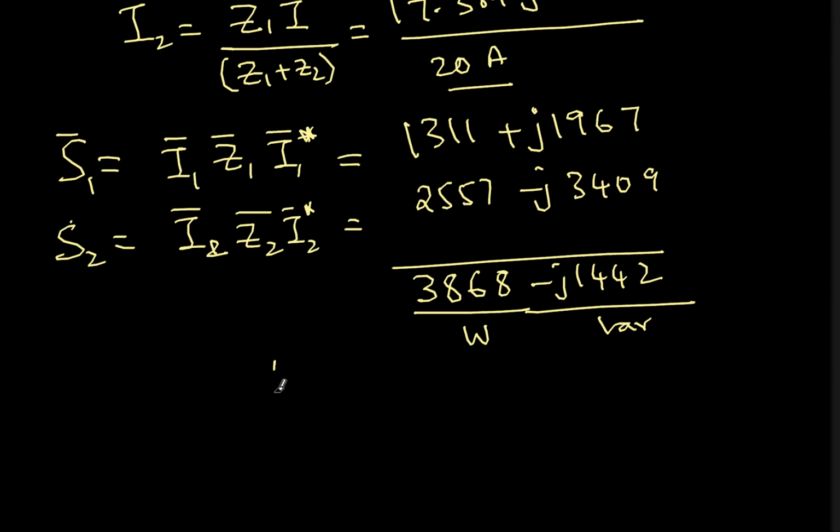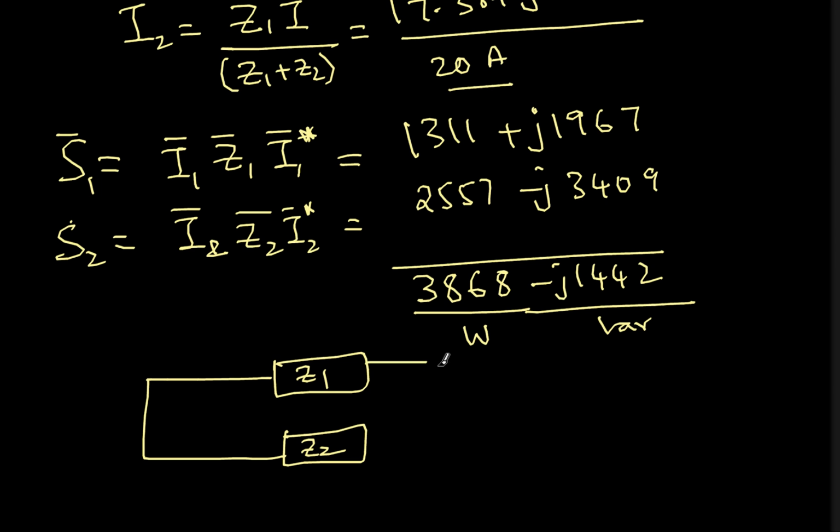If I want to draw a diagram once again, I'll just draw it here. This is one branch Z1, this is another branch Z2, and this is the total. First I want to write the active power. The total active power P total is 3868.